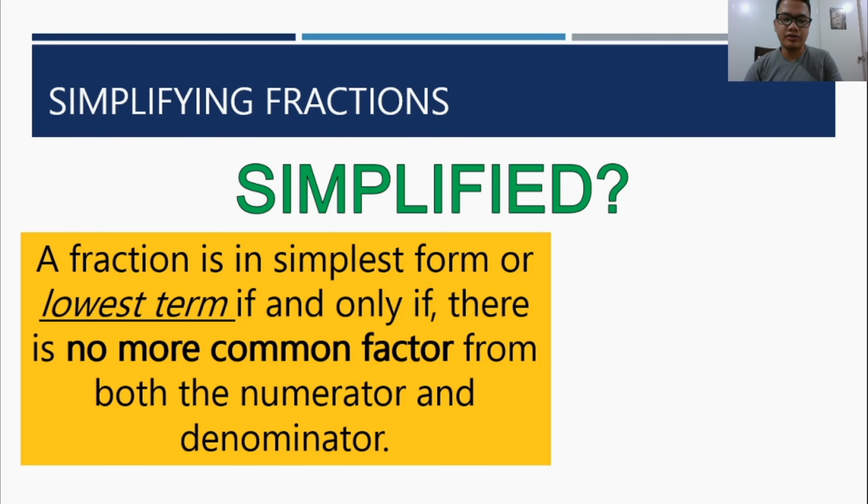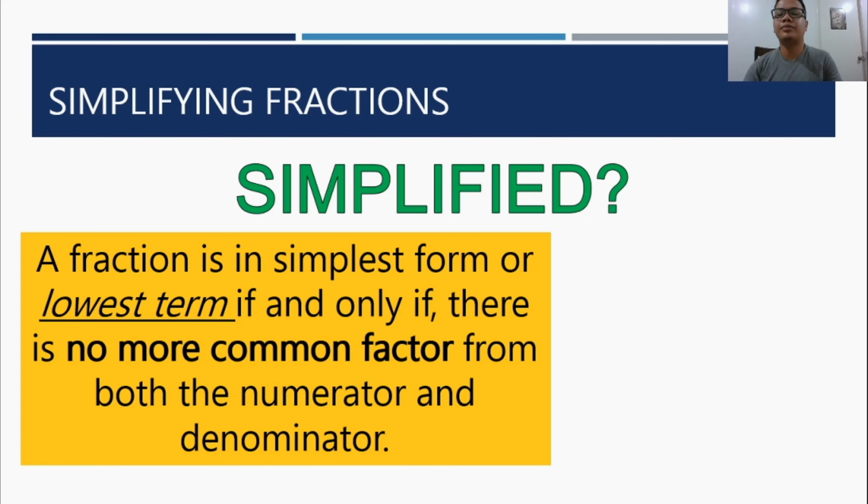So let's take a look at the following examples. We have 2 over 3, and this is simplified already because there is no more common factor of 2 and 3. Next, we have 3 over 5, or 3/5. This one is in simplest form also, or lowest terms, because there is no more common factor.